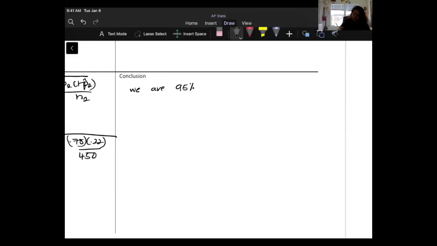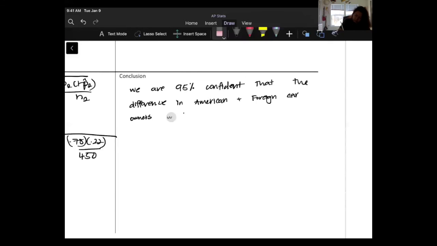We are 95% confident that the difference in American and foreign car owners that would purchase another is between negative 0.075, comma 0.035.